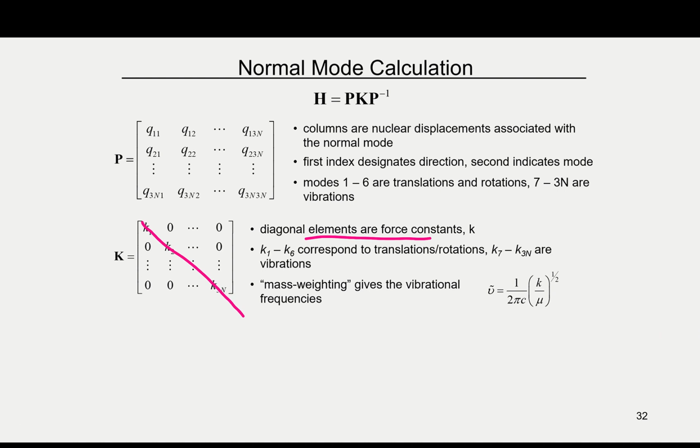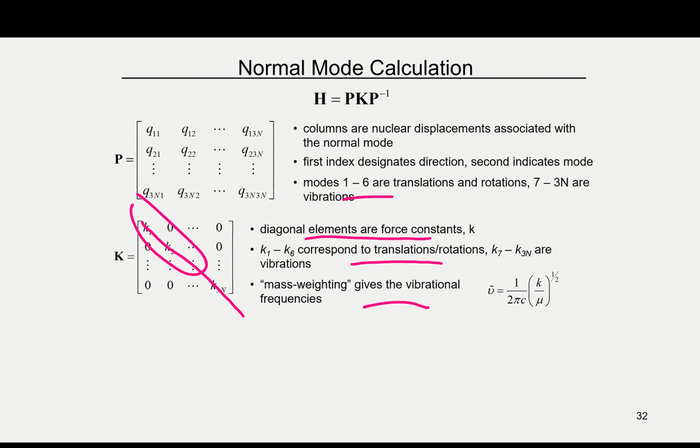K1 to K6 correspond to translation and rotation, as we talked about, first translation and then rotations. K7 to K3n are vibrations. The rest of all are vibrations.